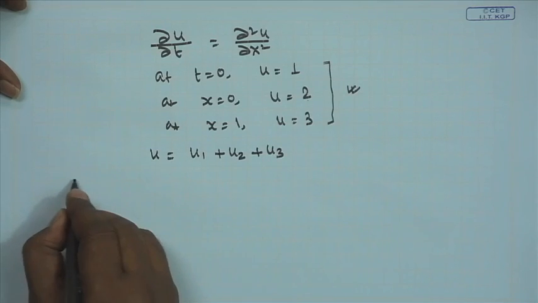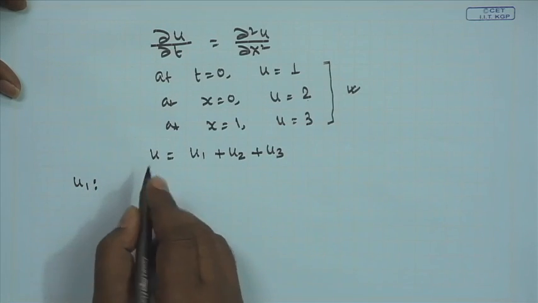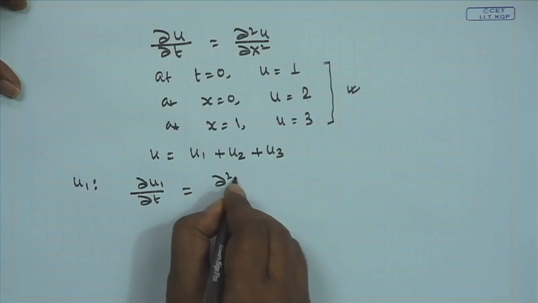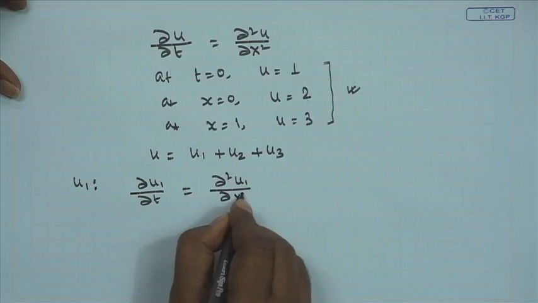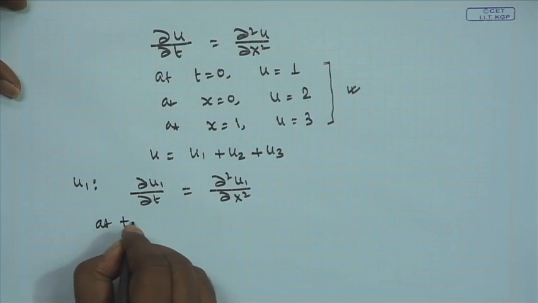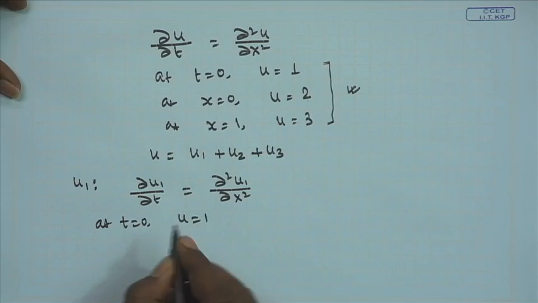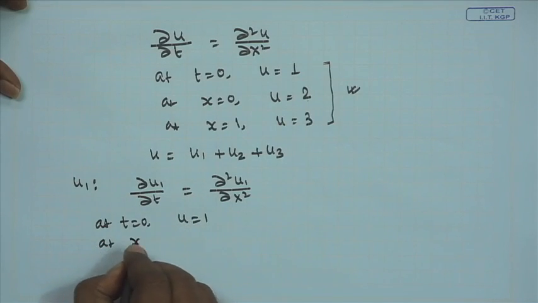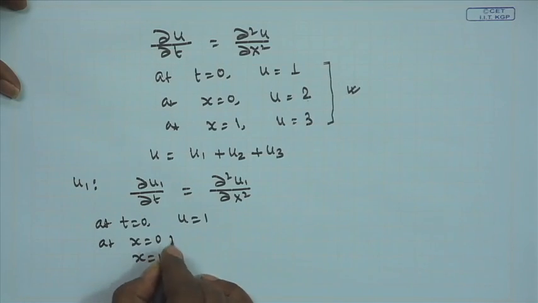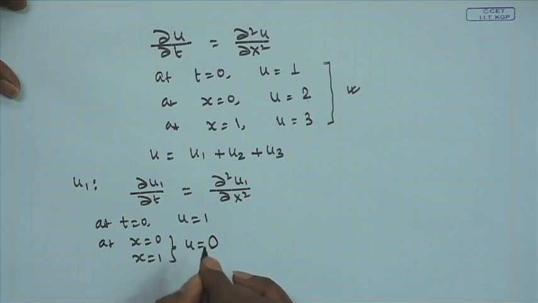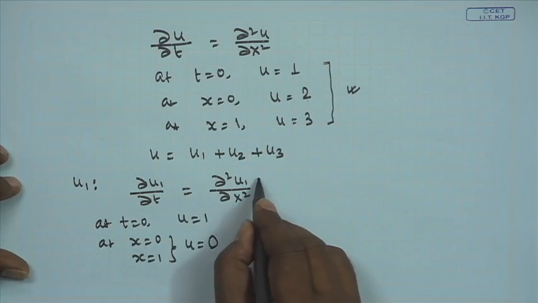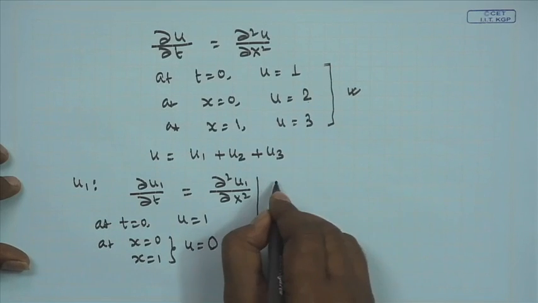So, let us look into the definition of u1. u1 will be del u1 del t is equal to del square u1 del x square, and the conditions are at t is equal to 0, u1 is equal to 1, and at x is equal to 0 and at x is equal to 1, I force the non-homogeneities to vanish. So, this is a non-zero initial condition.